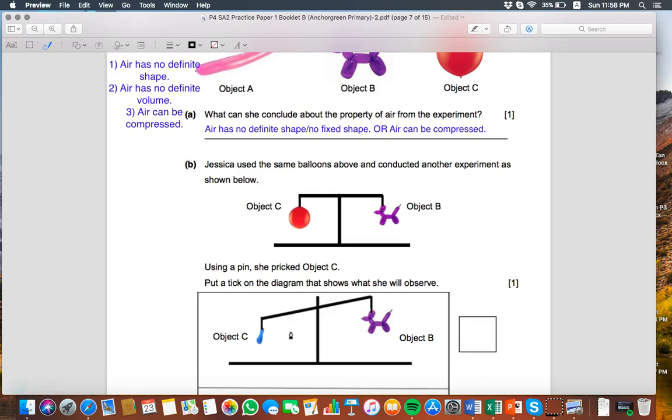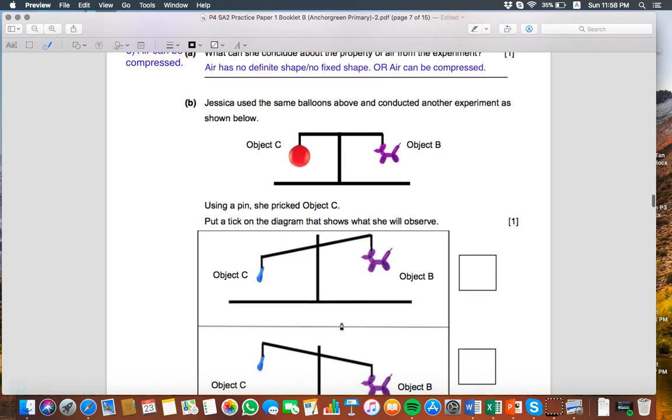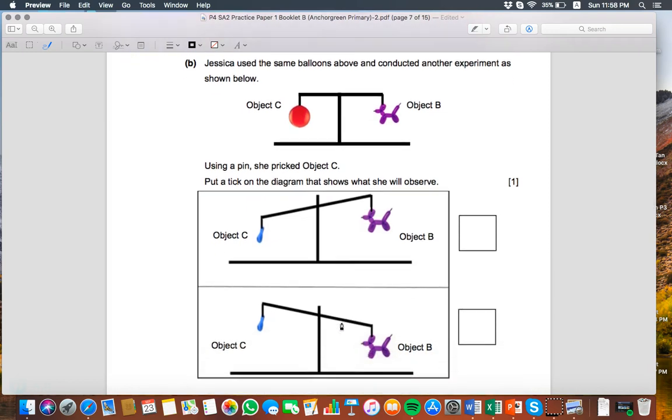Jessica used the same balloons above and conducted another experiment as shown below. Using a pin, she pricked object C. Put a tick on the diagram that shows what she will observe. Before I even tick, I want to identify the state of matter inside object C. So what is inside object C?